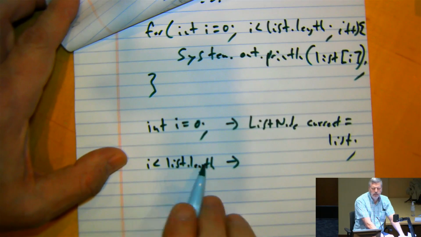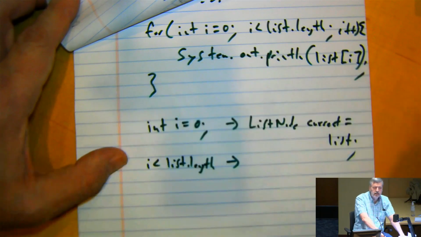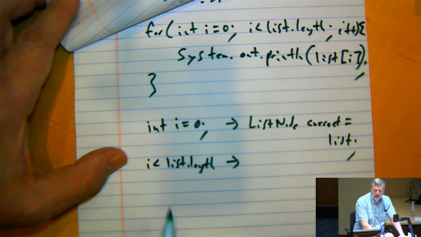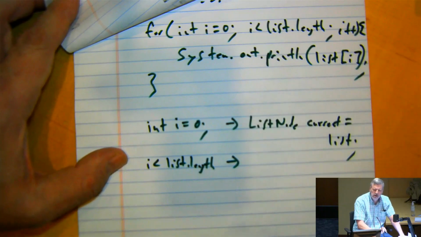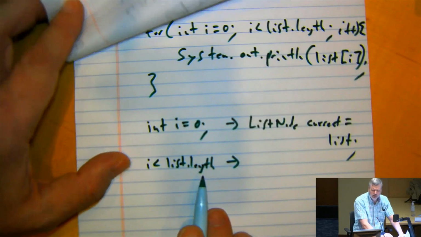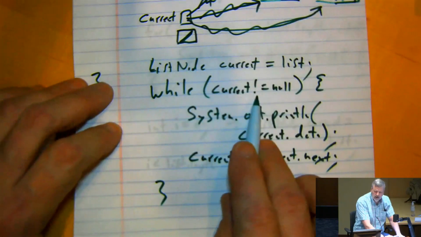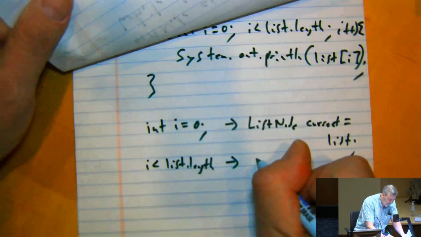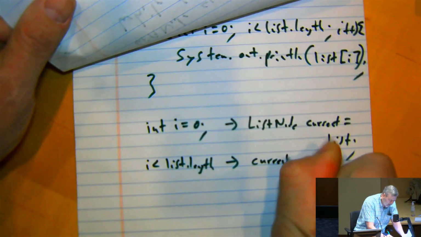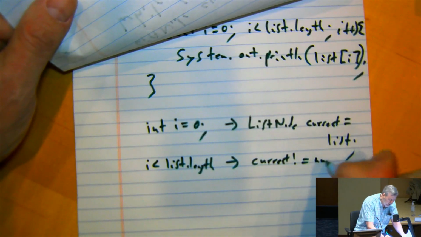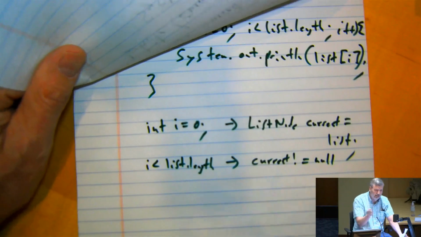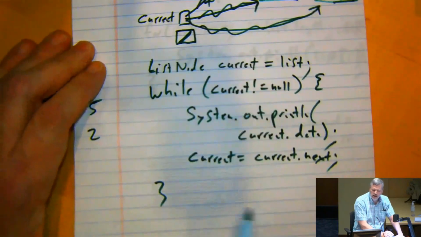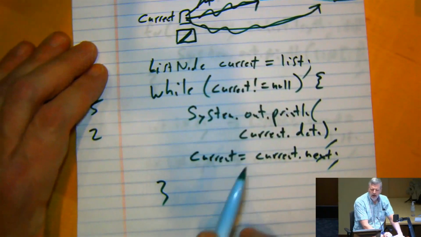Once i becomes equal to list.length, we've exceeded the highest index. We've run out of things to examine because the indexing variable has gone beyond the last value stored in the structure. And the corresponding thing here is to test whether current is not null. That tells you that current is referring to something that is an actual node rather than having run out of data where current has become null.